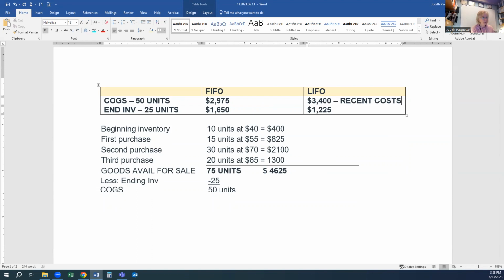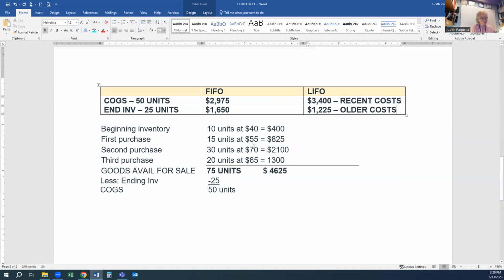And in this case, how is that making this higher? Inflation, yes. Then the ending inventory is lower than FIFO because you're taking the older numbers, the older prices, for inventory.